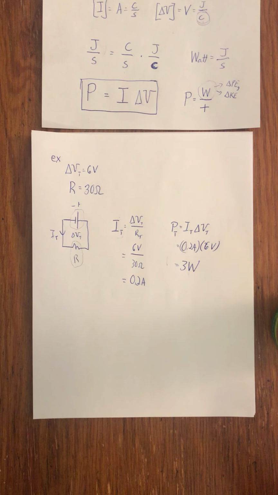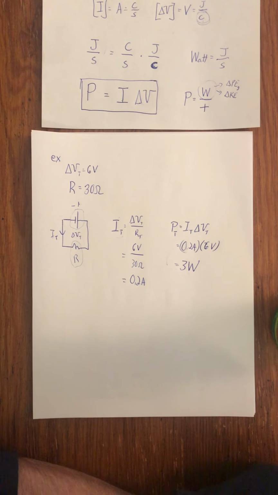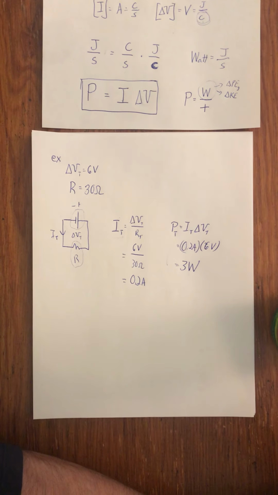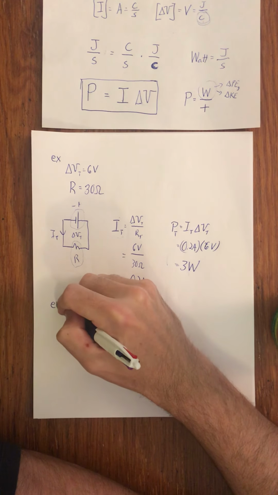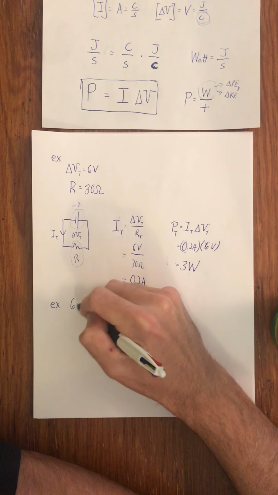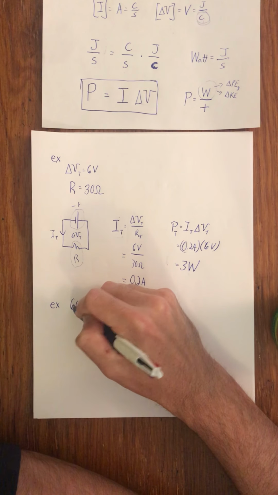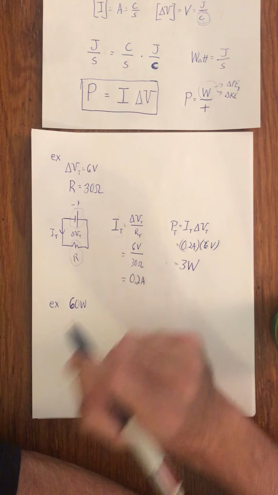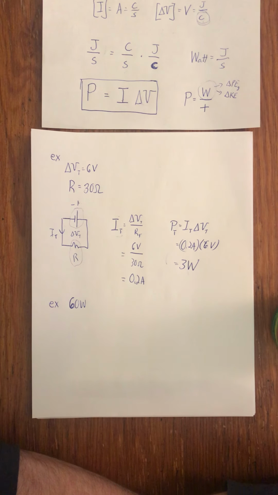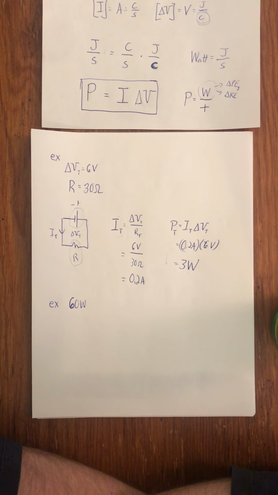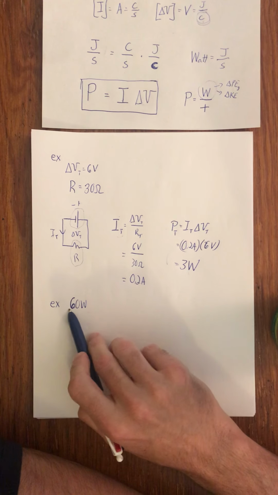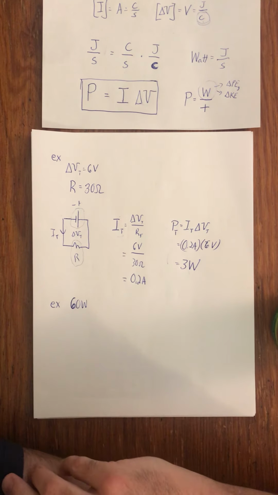Now, normally when we think of power, like 3 watts, your brain probably goes to light bulbs. So, as a separate example, you might have a 60-watt light bulb. Here's the problem: 60 watts is kind of problematic, because that doesn't tell you anything about the light bulb, because there's nothing about the light bulb that's inherently 60 watts.